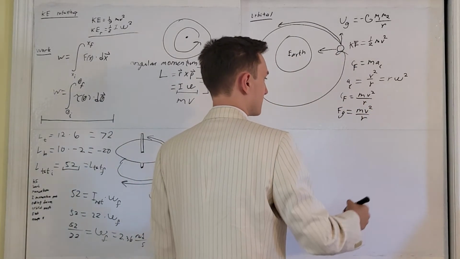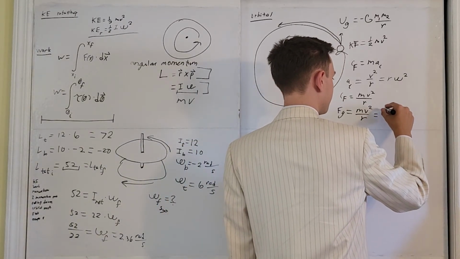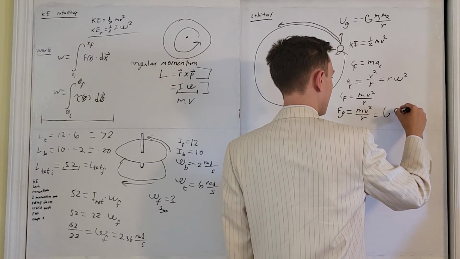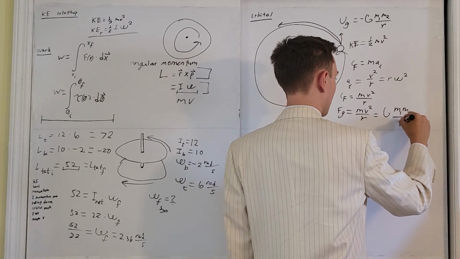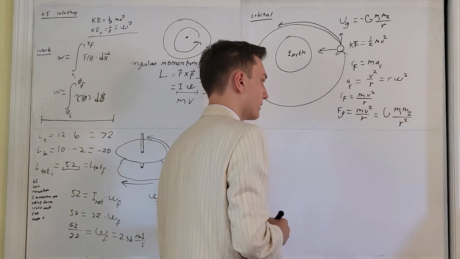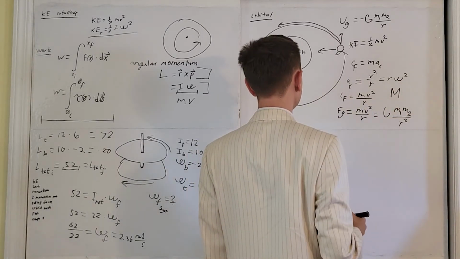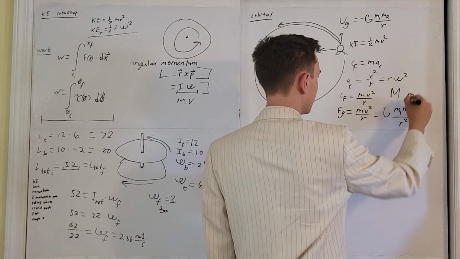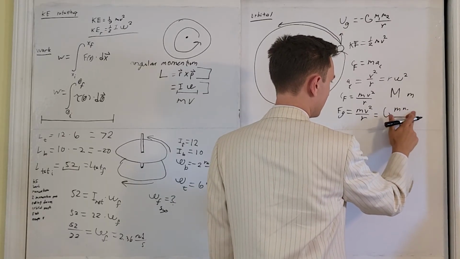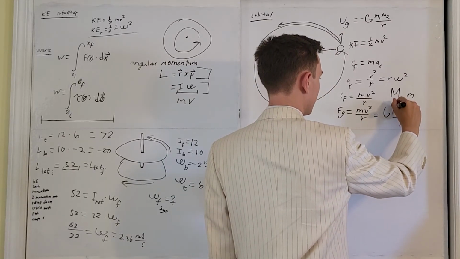And that's going to be rewritten as G m1 m2 over r squared. Now, to avoid confusion from here on out, I'm going to say that big M is going to be the mass of our host, and little m is going to be the mass of our satellite. So let me rewrite this equation with that new definition.